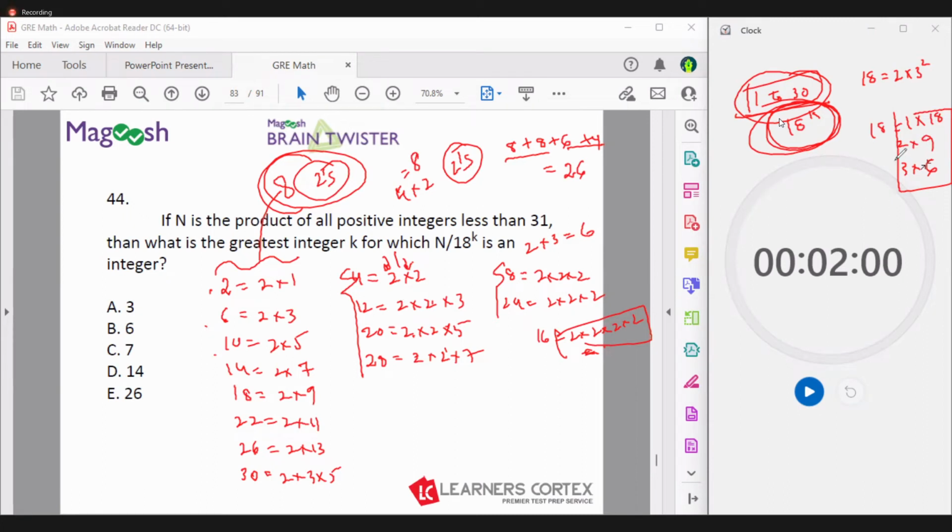Now, apart from these, there will be certain numbers which, when combined together, will make up 18 and will divide this.